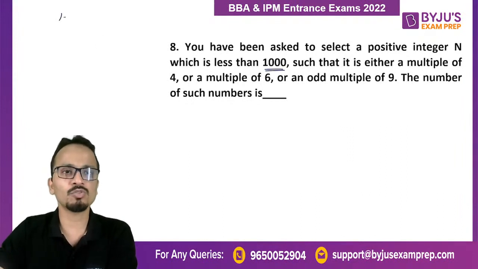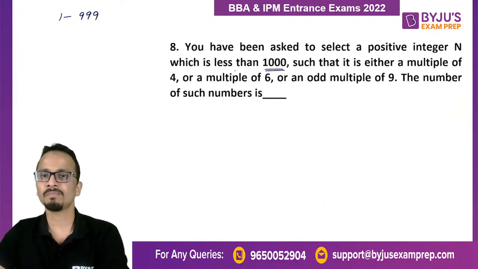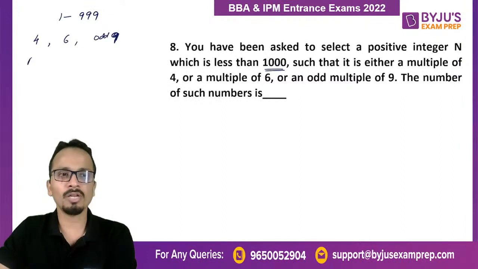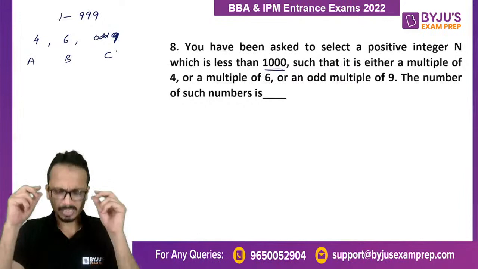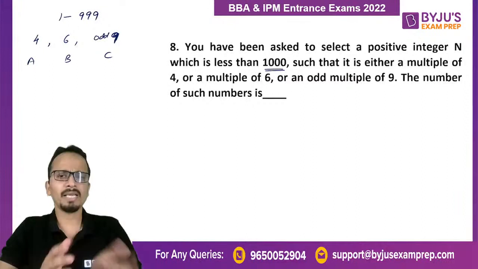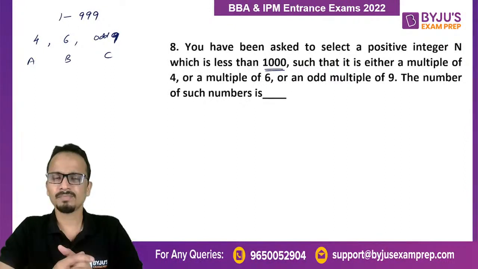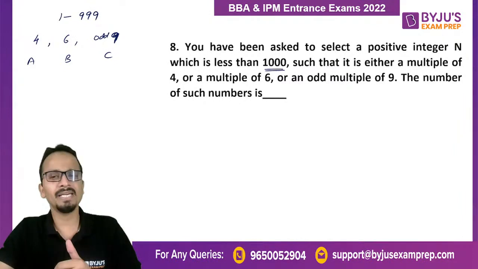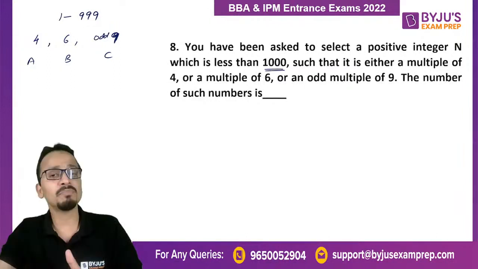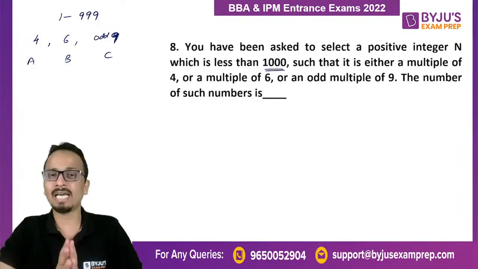So that means the range is 1 up till 999. Less than 1000 it should be, such that it is either a multiple of 4, 6, or 9. Now generally when we do this type of question, we do it using the logic of set theory, that is A union B union C. We'll use the formula A plus B plus C minus A intersection B minus B intersection C minus A intersection C plus A intersection B intersection C. This is the formula that we use generally.